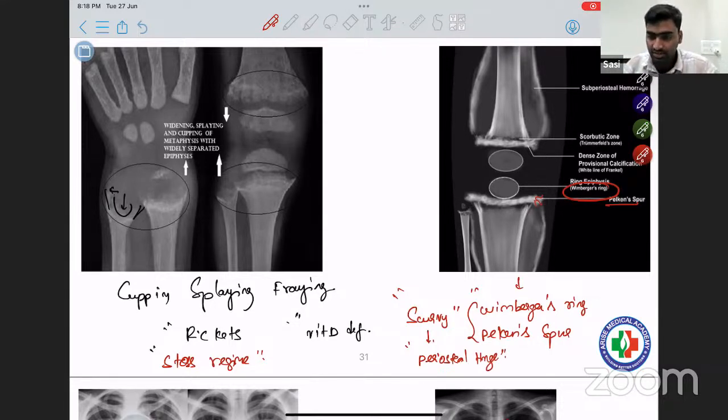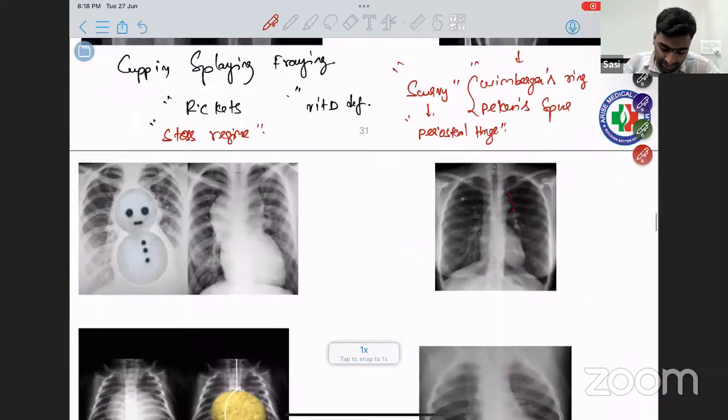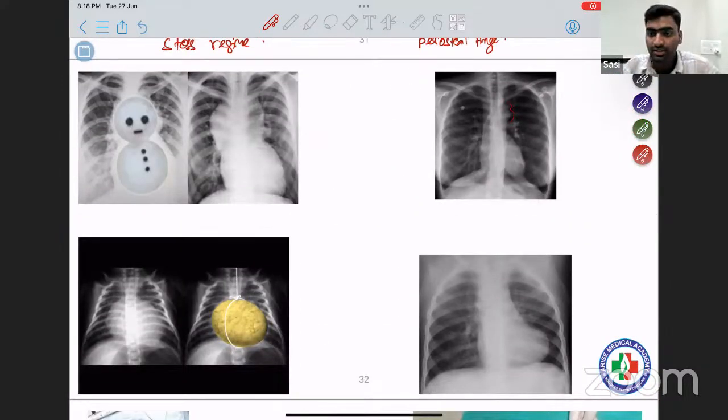Fine. Next one. We'll move on to the next part of our discussion, which is about CVS. In the case of some congenital anomalies, in which condition will you see this snowman appearance or figure of 8 appearance? I find most of you are getting it correct.